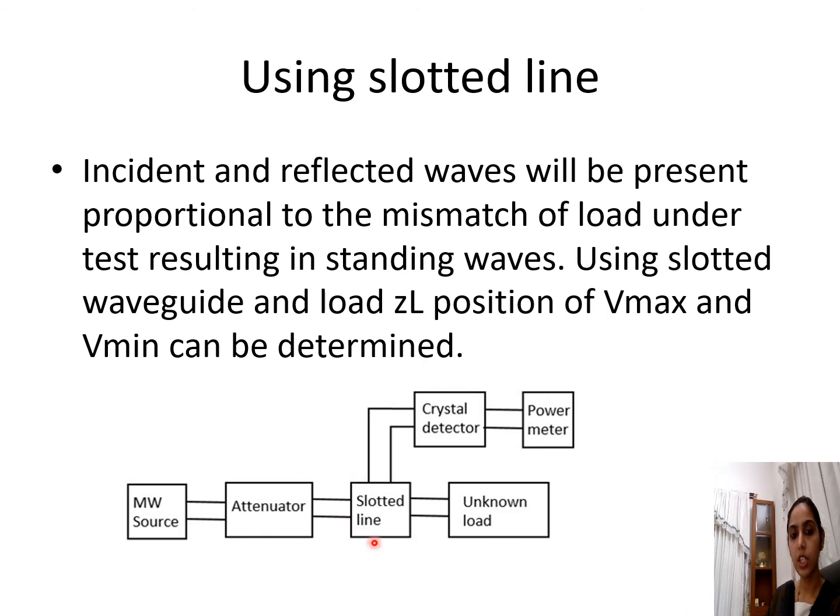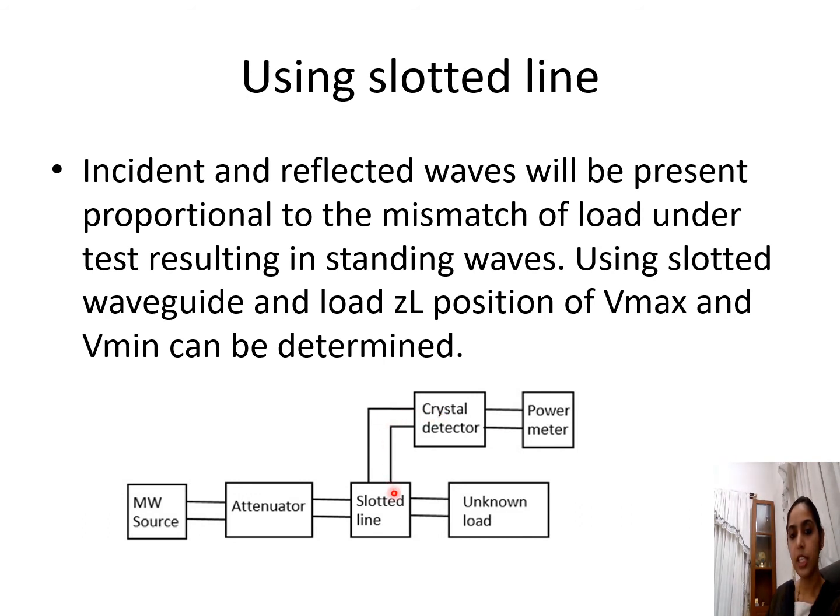So by using a slotted line, as I already told, we could measure the VSWR, Vmax, Vminimum, etc. If we keep here an unknown load, this is obviously a setup of a test bench: a microwave source, attenuator, obviously an isolator, a slotted line, unknown load, etc. And here we have the crystal detector connected to the power meter from the slotted line.